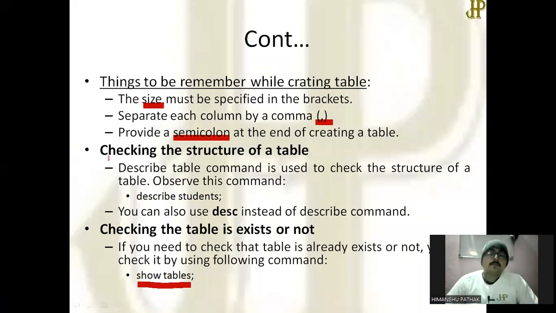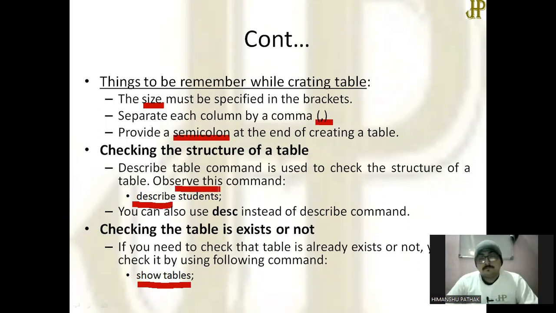Now, sometimes you need to check the structure of the table. How many columns are there? What are the types of the column? What are the size of the column? If any constraint are applied on a particular column or not. Then there is another command known as describe. And what are you going to describe?